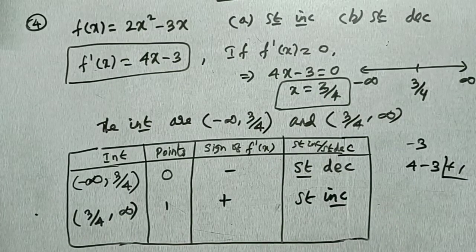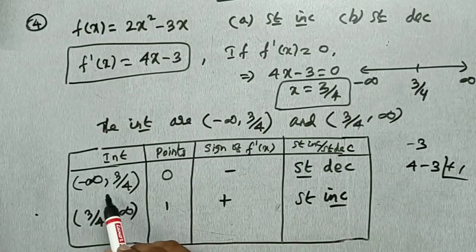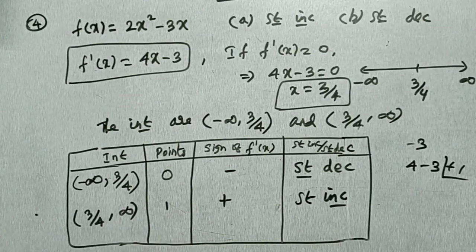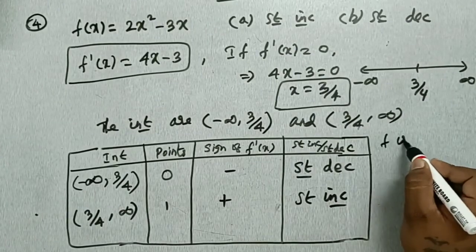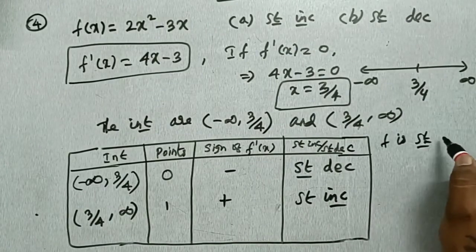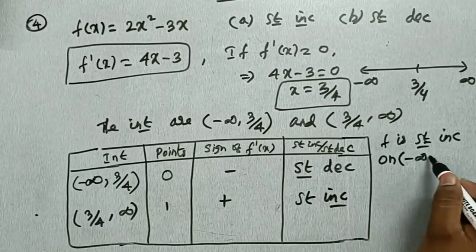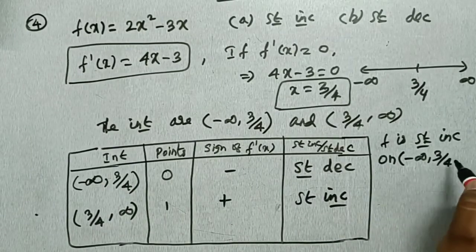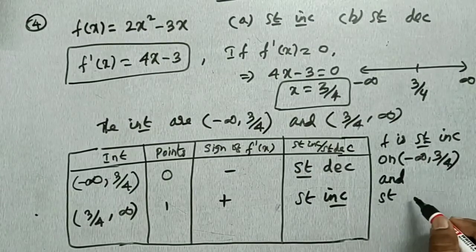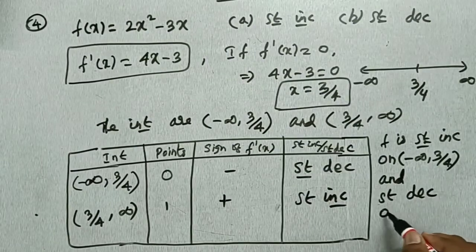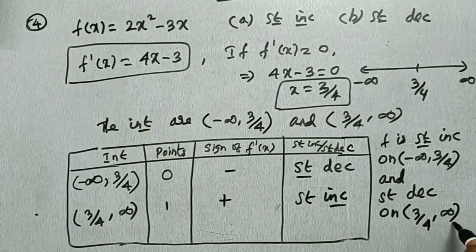So we can conclude that f is strictly decreasing on minus infinity to 3 by 4 and strictly increasing on 3 by 4 to infinity.